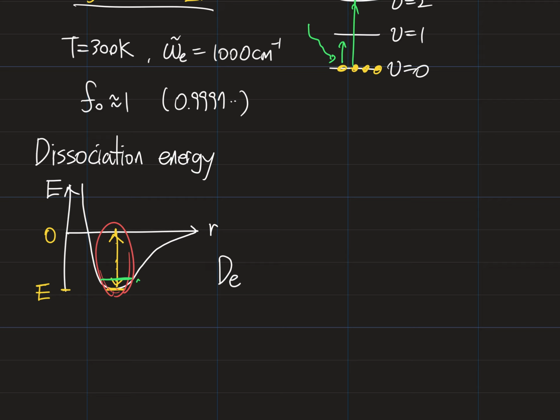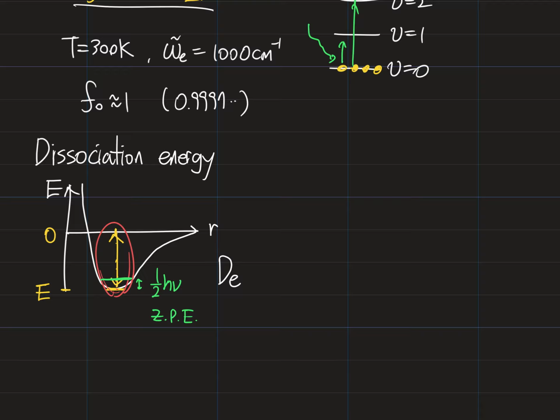So the energy difference between these two corresponds to the zero point energy. Because this is a diatomic molecule, there should be vibrational motion, and that means these molecules cannot have zero energy even at the potential energy minimum. So there is always zero point energy.